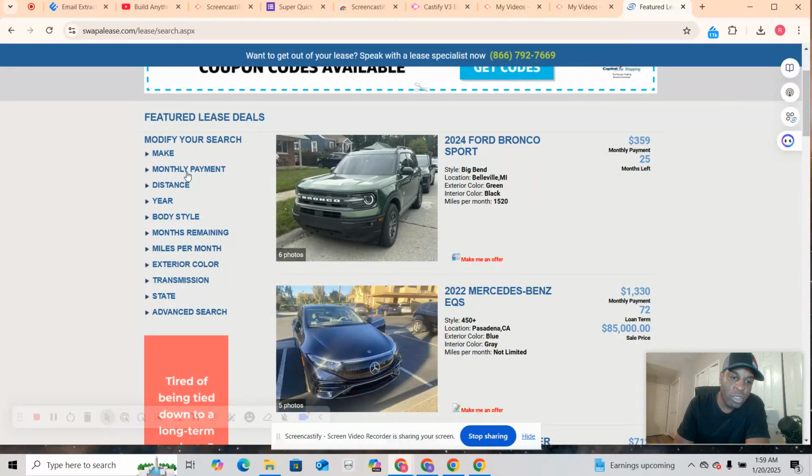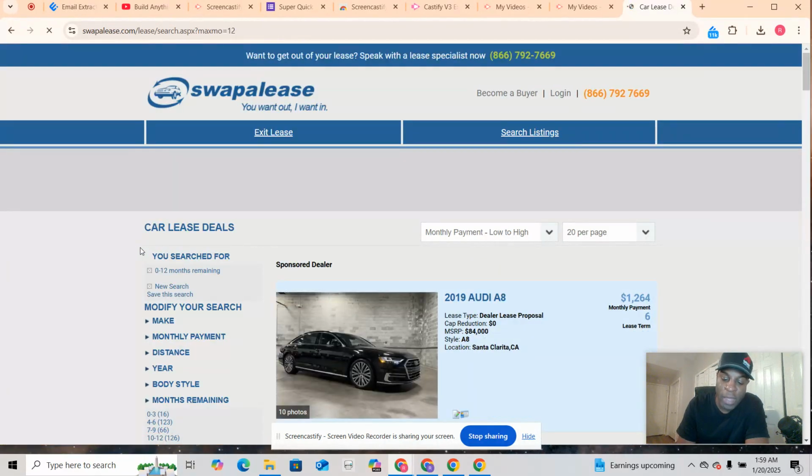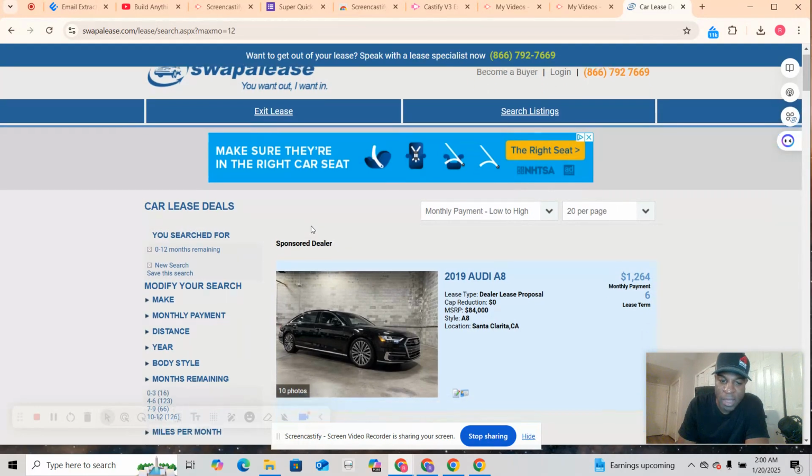So this is how you find a lease that you want to take over. You want to go to months remaining and pick the minimum amount of months remaining as possible, which is 0 to 12. If I'm moving too fast, you can always stop and go back.